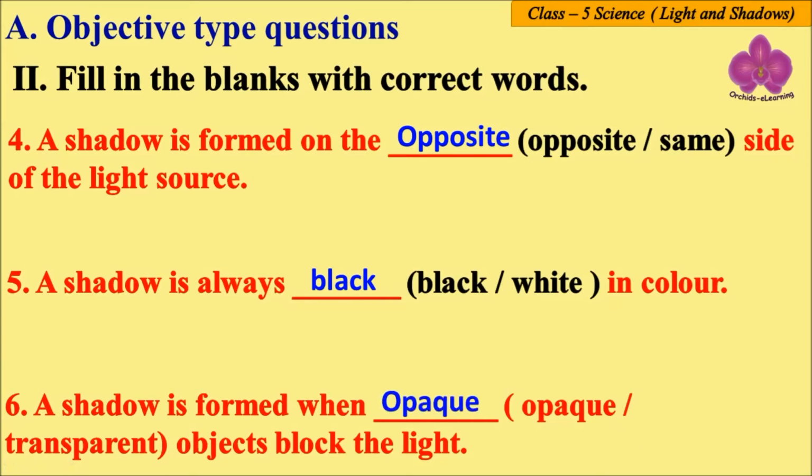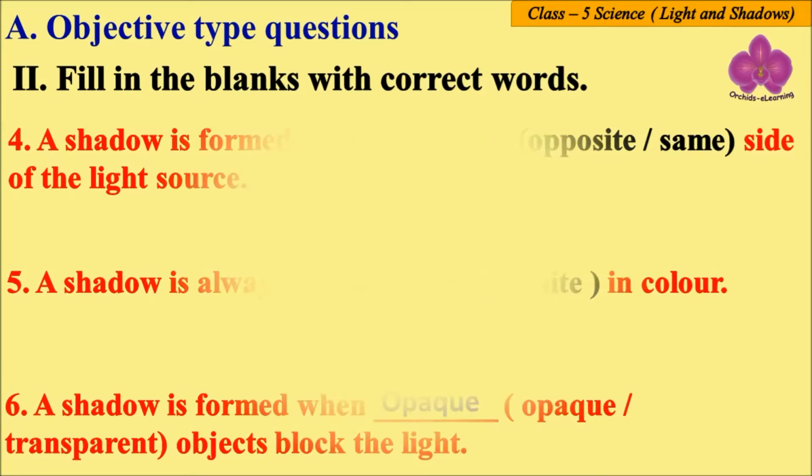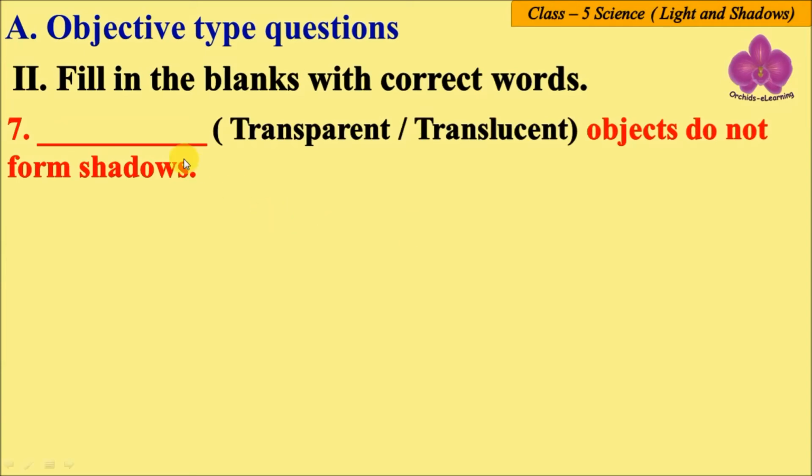And the answer is opaque. Next, dash objects do not form shadows. Transparent or translucent objects do not form shadows. And the answer is transparent.